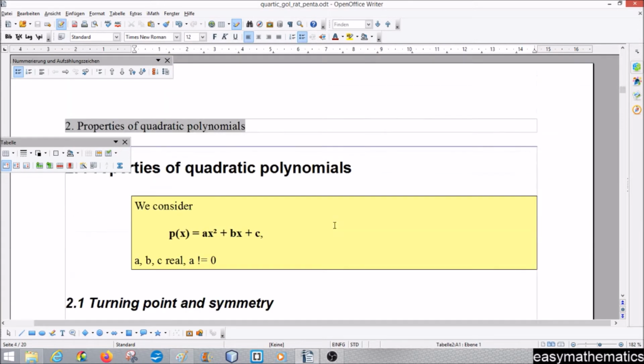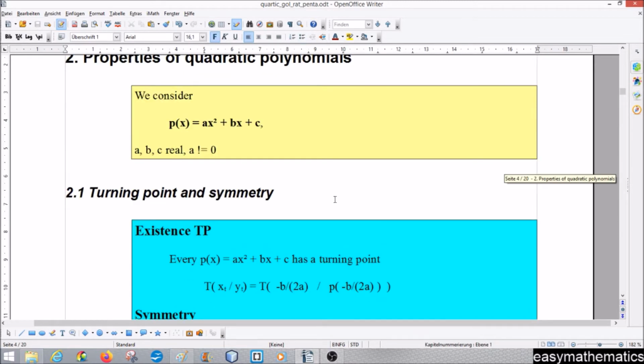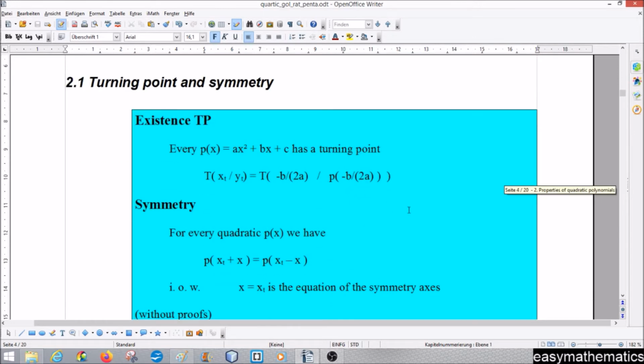Alright, let's start with the quadratic polynomials. So, we consider p of x is ax squared plus bx plus c, where a, b, c are real numbers and a is of course not 0, otherwise we would not have a quadratic. Okay? And then there is the existence of the turning point.